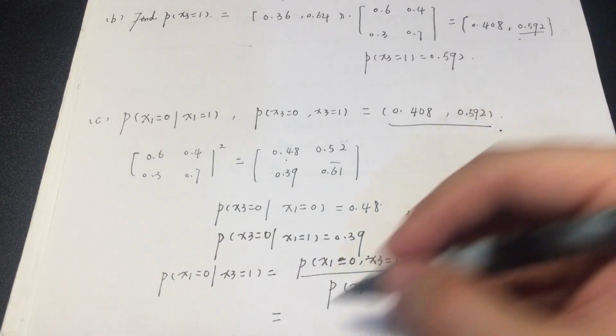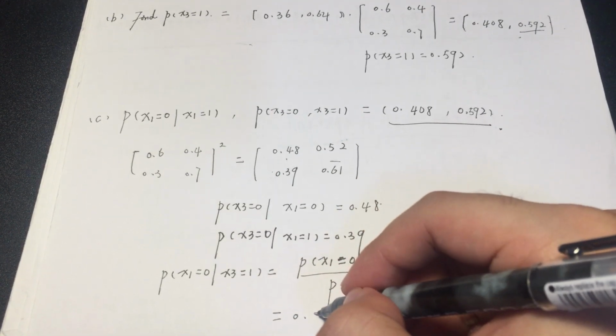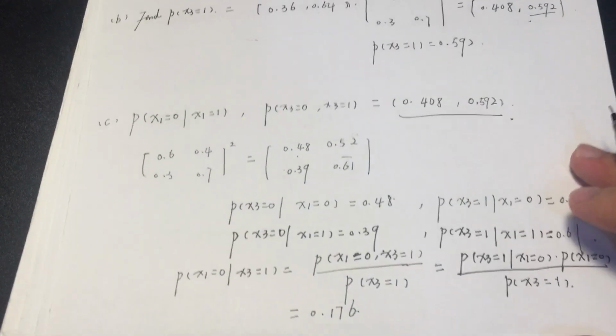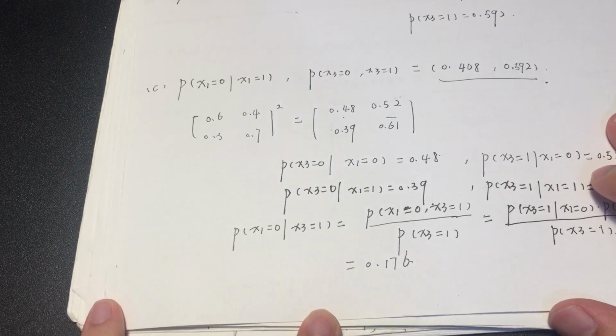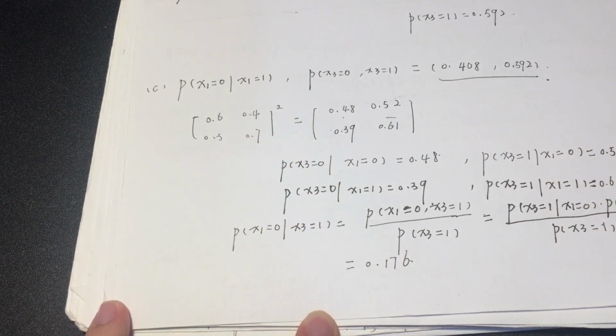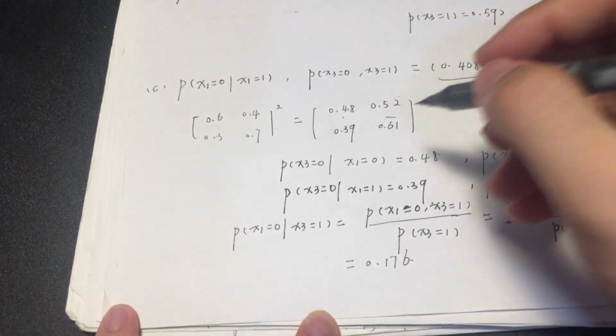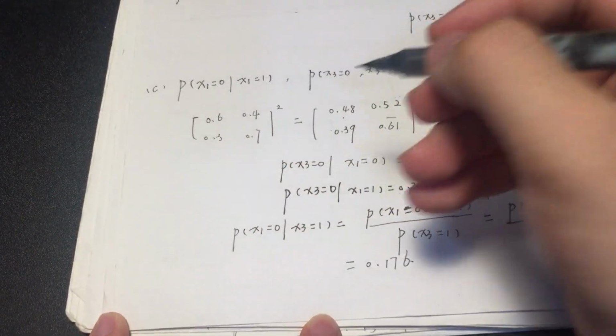So it's like this number. We don't have enough space, so we can just write it down there.